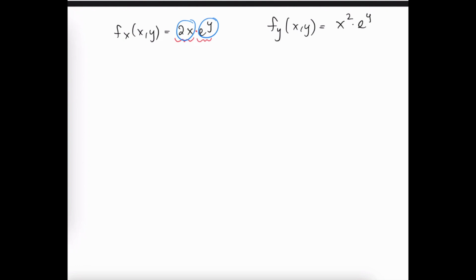There's no y value that's not allowed to be an exponent. E to the y itself has a domain that's all real numbers. So we would say on this first partial, there are no domain restrictions. There are no (x, y) that cannot be plugged in. And if every input gives me a real output, then we can say, therefore, this first partial is going to exist everywhere, and certainly near our domain element.